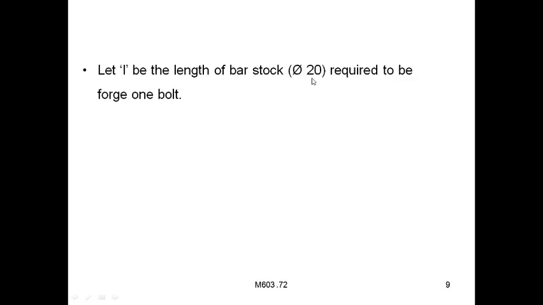Then for a stock of 20 mm diameter, in the problem he specified that the 20 mm diameter stock is required. Now you see here, you already calculated the gross volume here, 49,337 will be the gross volume.